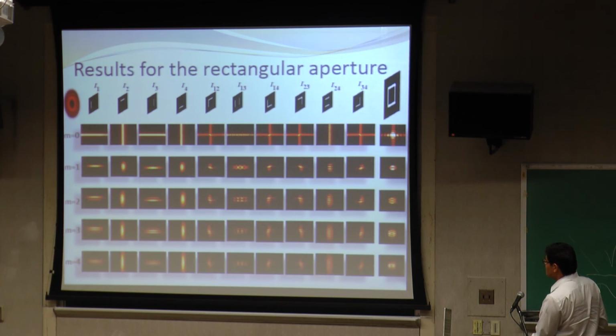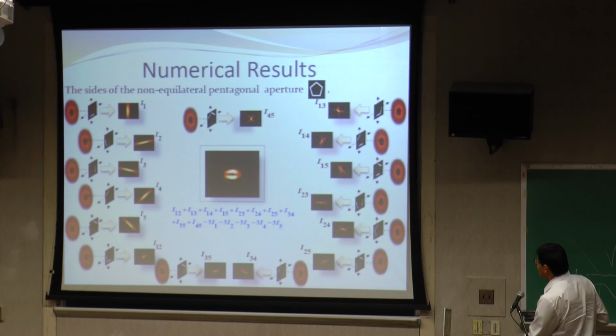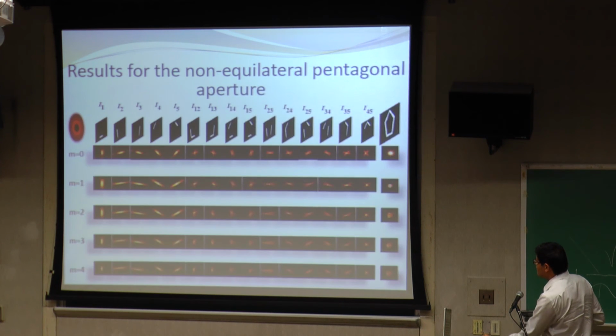In general, when you use a rectangular aperture and the Bohr rule, it's possible to reconstruct the intensity pattern. It's similar when you use the pentagonal aperture. It's possible to reconstruct the far-field pattern using the Bohr rule.